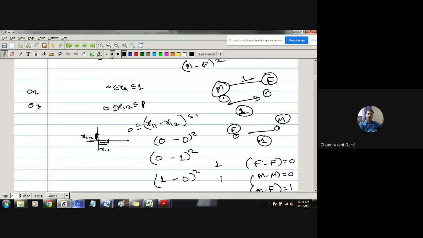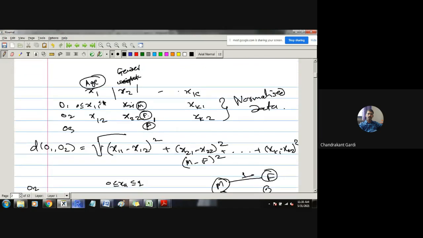So even if your data set contains categorical variables, still we will proceed with calculating the distances. We can still calculate the distance between O1 and O2. We will not say that there are some non-numerical variables and therefore we will not be able to calculate the Euclidean distance. Still we will calculate the Euclidean distance, but with a correction: if the variable is categorical having two categories, then the distance between those two categories will be taken to be 1, and that is the maximum allowable distance in normalized data.